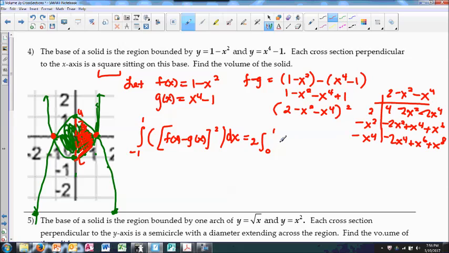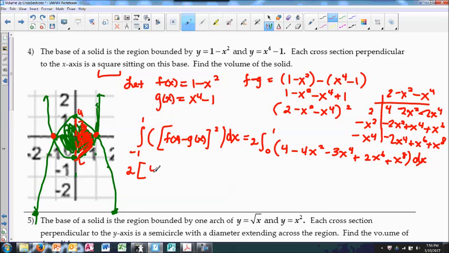But I'm integrating not just one of the functions, but the area function, which turns out to be 4 minus 4x squared minus 3x to the fourth plus 2x to the sixth plus x to the eighth dx. So I don't have a linkage error, I have to carry that 2 with me the whole time.